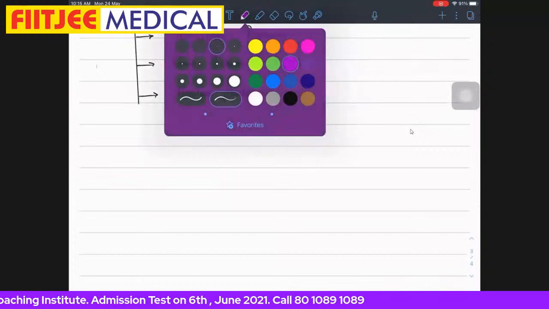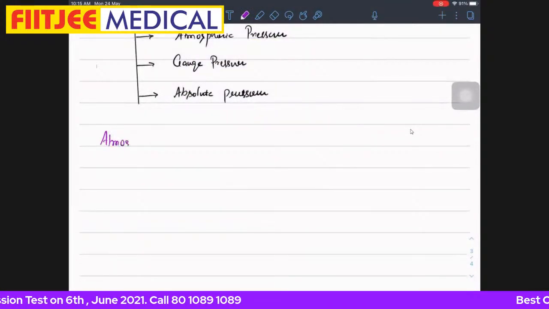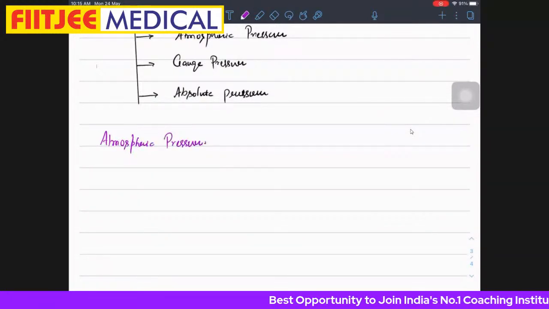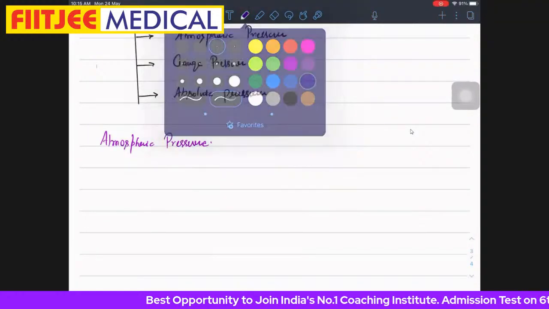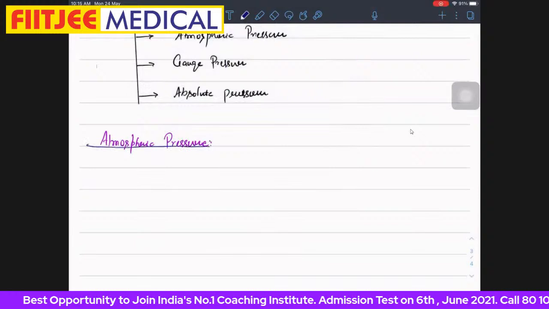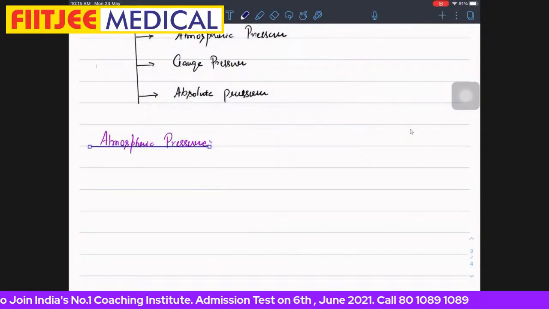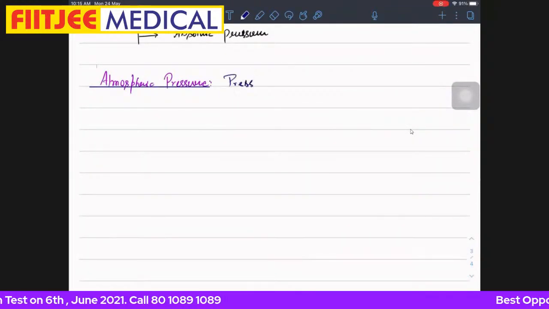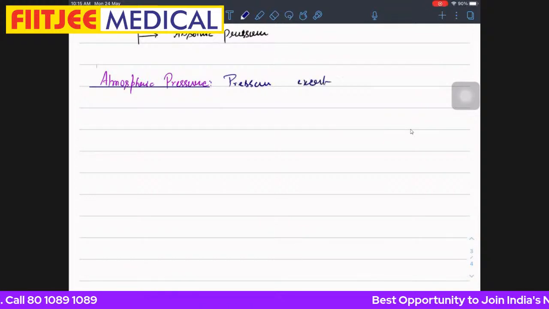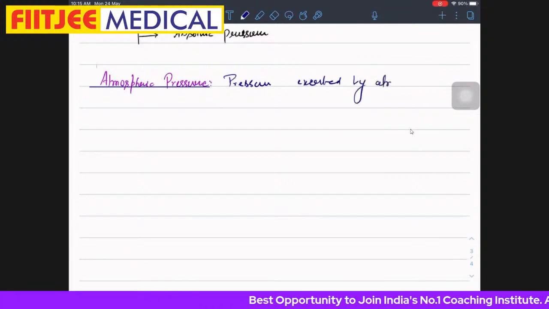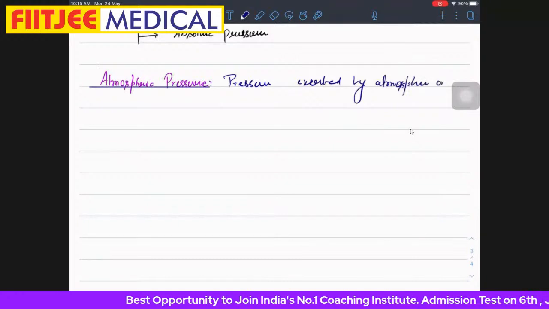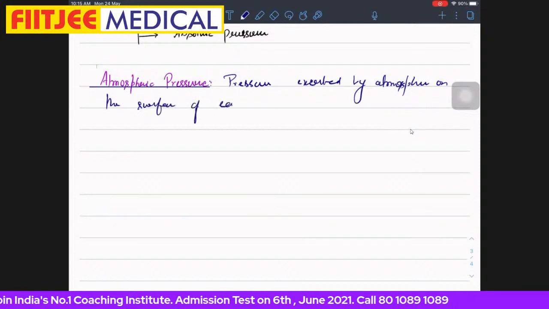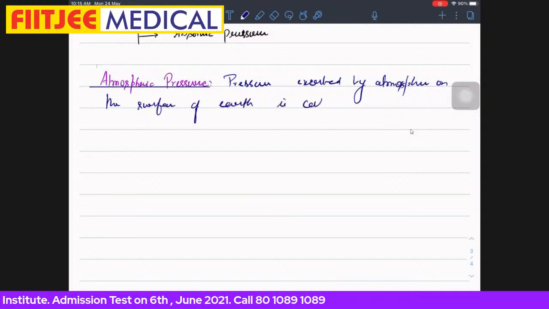Now, what is atmospheric pressure? The pressure exerted by the atmosphere on the surface of the earth is called atmospheric pressure.